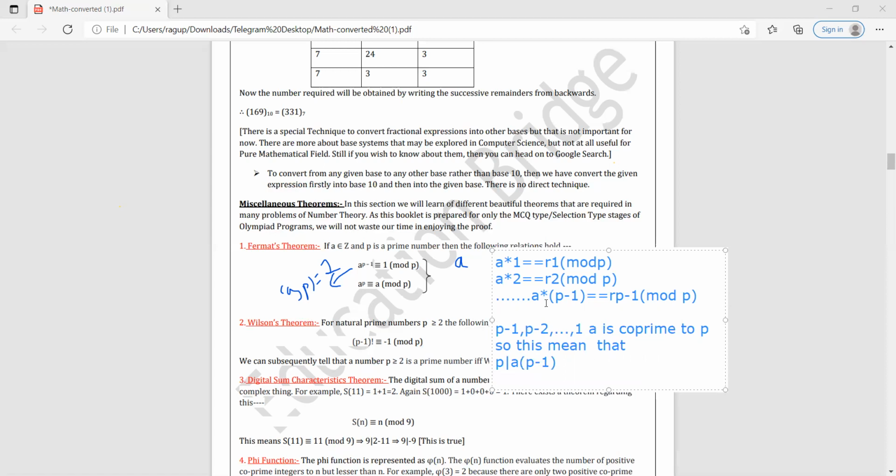So it would mean that p is dividing a, or p is dividing p minus 1, p minus 2 and so on. But we know that GCD of a and p is 1, so this case cannot be possible.